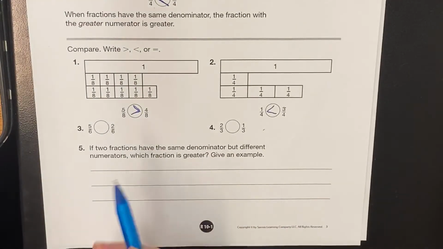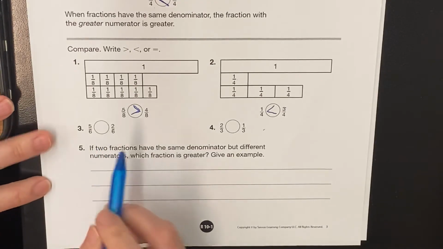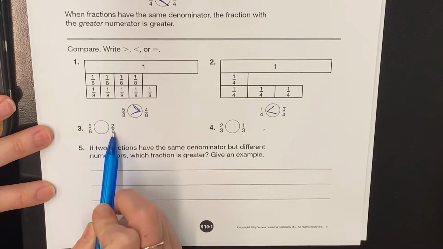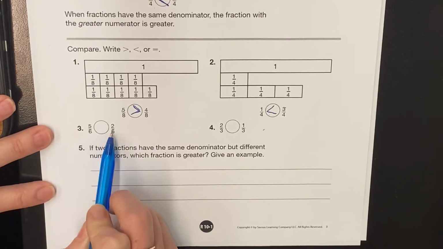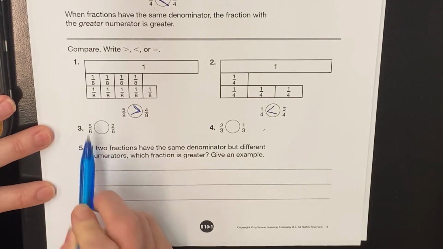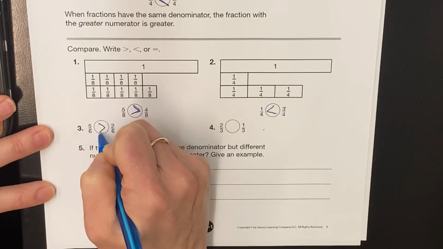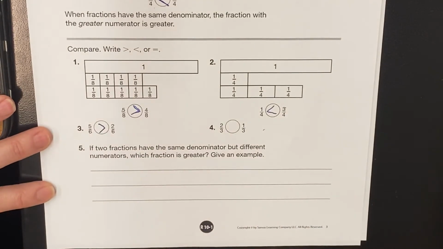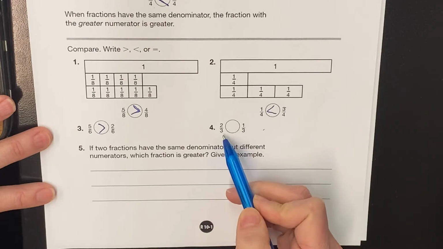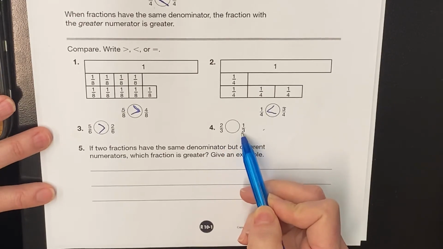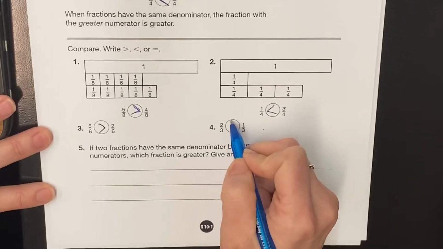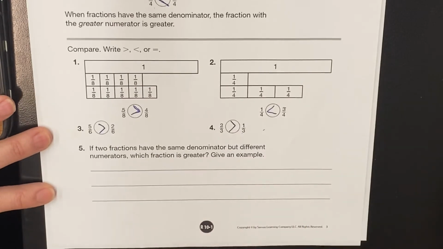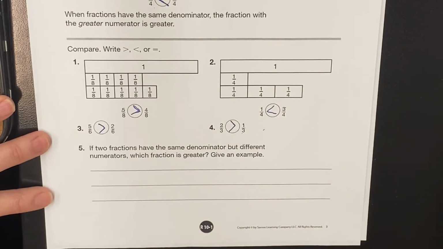Number 3, okay, we don't have fraction strips this time to help us, but we can do it without them. 5/6 and 2/6. If the denominators are the same, the largest numerator wins the game. 5/6 is more than 2/6. Number 4, 2/3 and 1/3. 2 is greater than 1. So 2/3 is greater than 1/3.